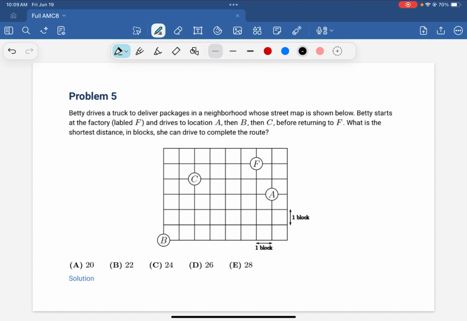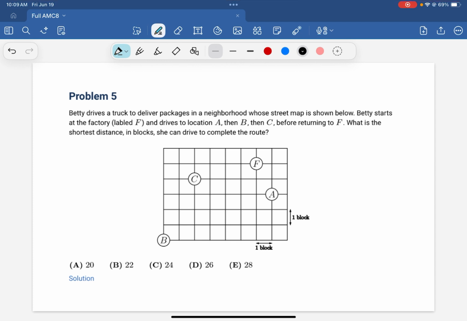Problem 5. Betty drives a truck to deliver packages in a neighborhood whose street map is shown below. She starts at the factory F and drives to location A, then B, then C before returning to F. What's the shortest distance she can drive to complete the route?